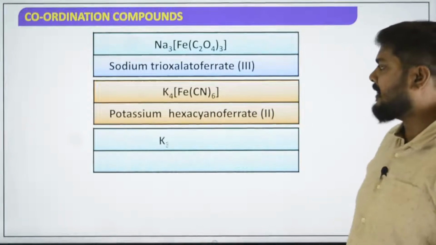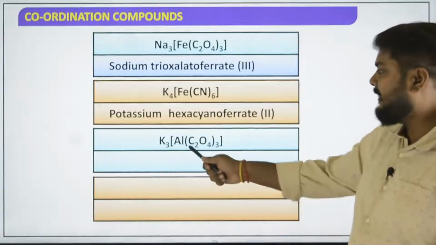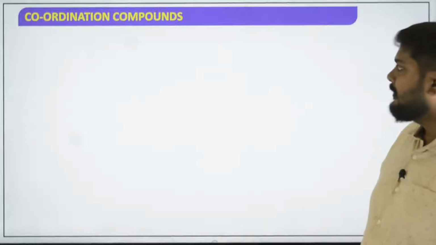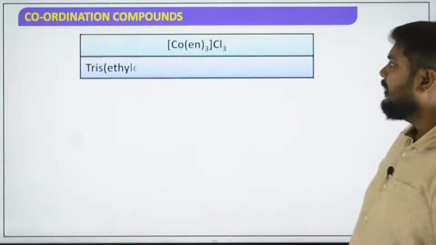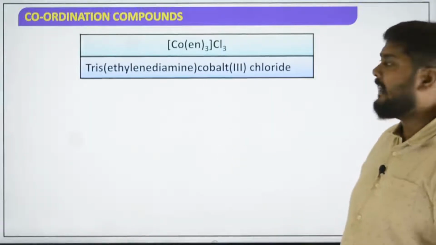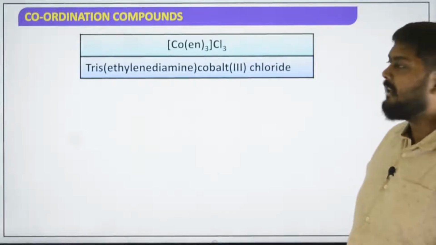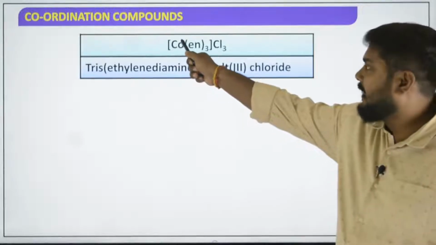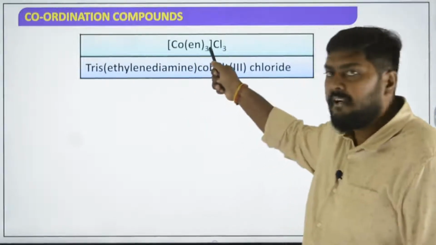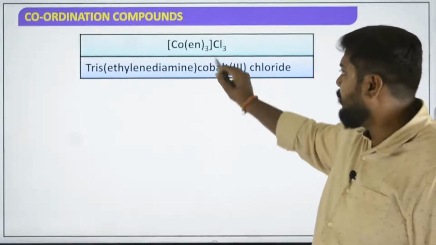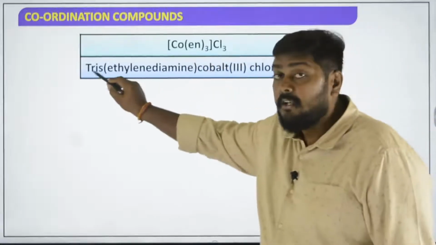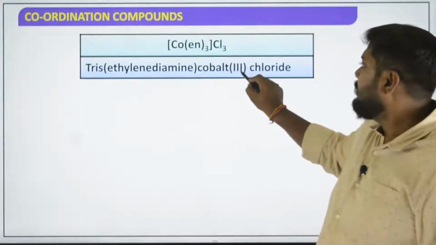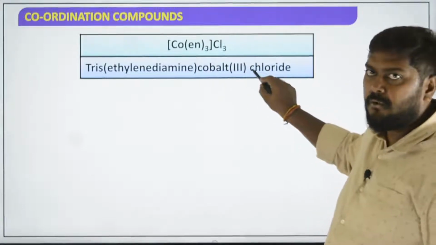And for your practice, I have given two complexes. One is K3[Al(C2O4)3] and Na[CoO4], right? The third one. In this also I have taken a bidentate ligand, [Co(en)3]Cl3, right? So first, we don't have any cationic complexes here, so straight away we go to the ligands. You have 3 ligands, so tris(ethylenediamine)cobalt(III), because the oxidation state of this complex is 3.